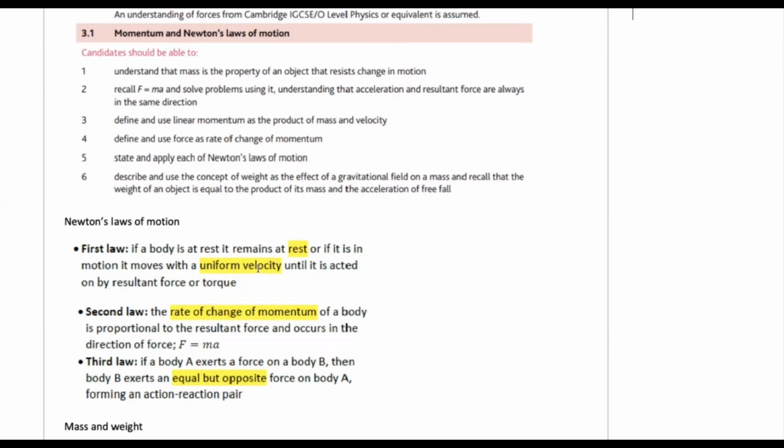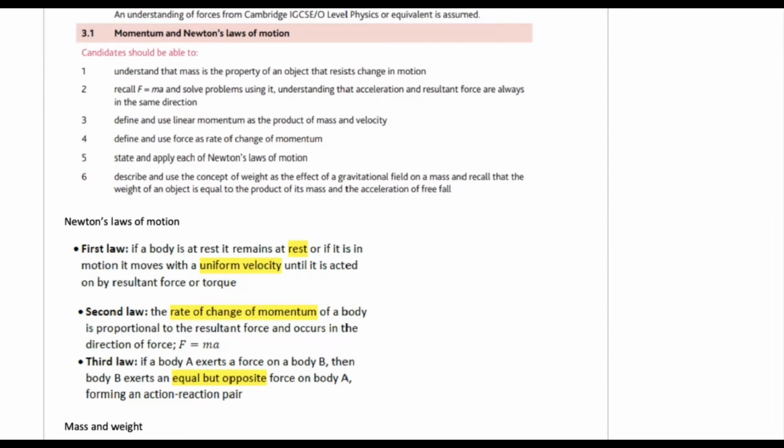Then it will either accelerate, decelerate, or change direction. Of course, torque will make rotation happen. So rotation happens because of the torque. That is Newton's first law of motion.